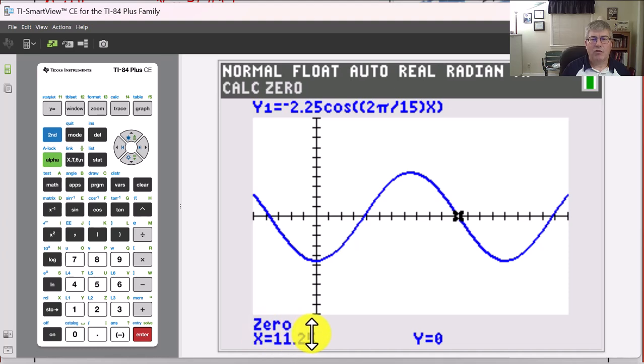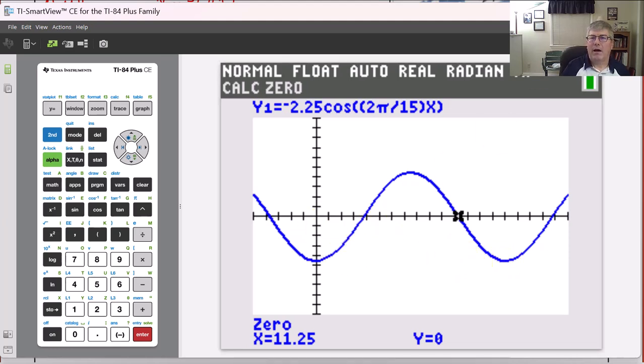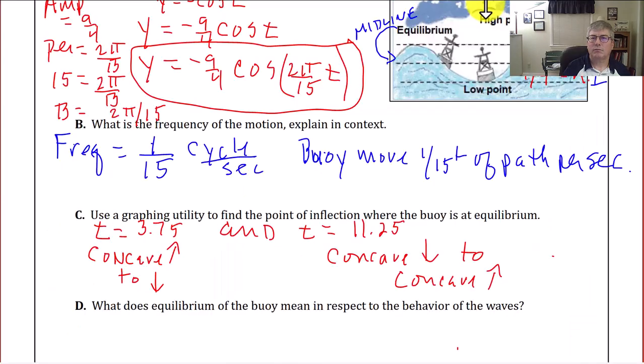So twice we're at equilibrium, once on our way up and once on our way back down, until we get to our low point again here. So 2 different locales for equilibrium.